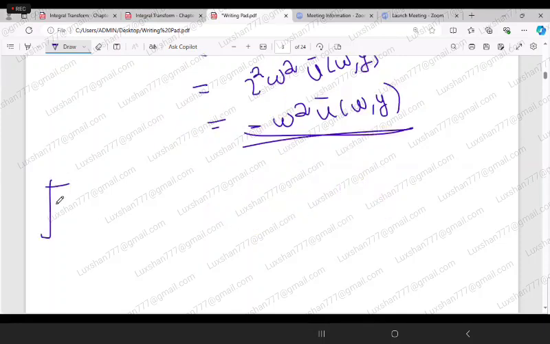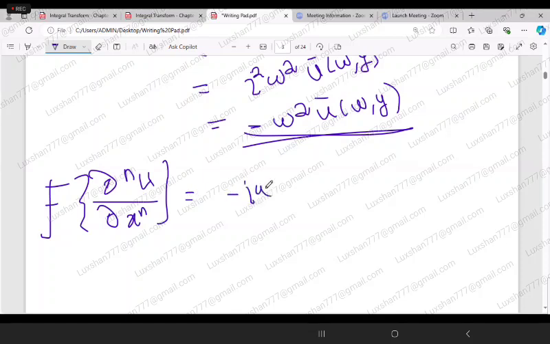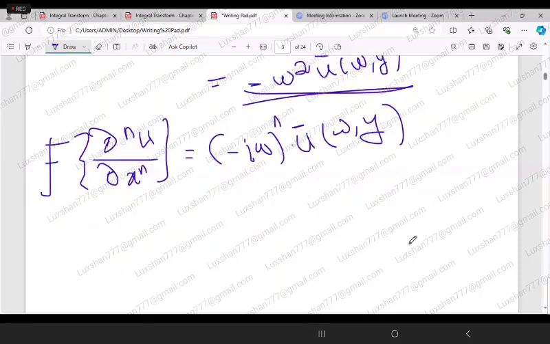So similarly, you can consider any partial derivative, ∂ⁿ. You should know this proof, we may ask this proof in the examination. The Fourier transform of ∂ⁿu/∂xⁿ, look at the variable, is equal to, as we have already studied, (−iω)ⁿ ū(ω, y). But this is true with some assumption.